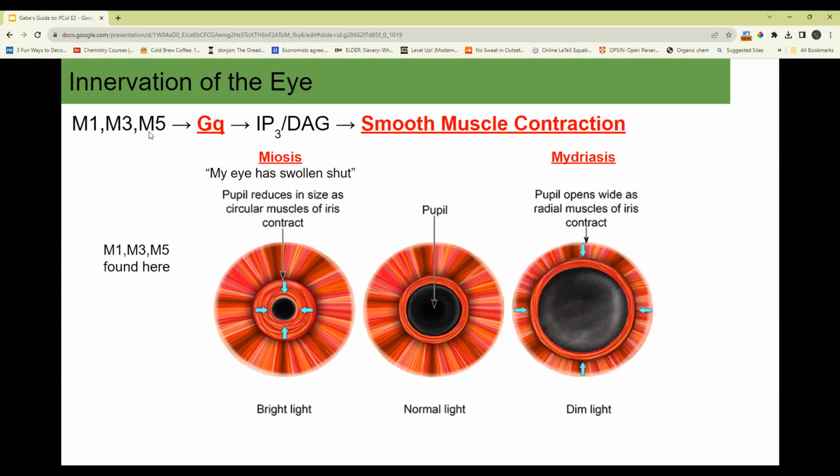Like I said, when we talk about anything to do with smooth muscle, we're specifically talking about M1, 3, and 5. M1, 3, and 5 are Gq receptors, which are going to associate with that contraction. What's important to know is that M1, 3, and 5 are only found on the circular muscles.